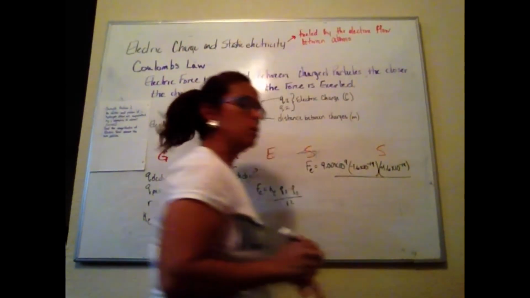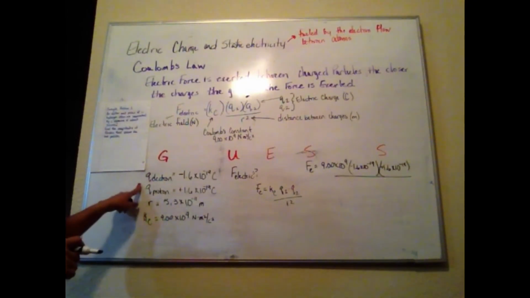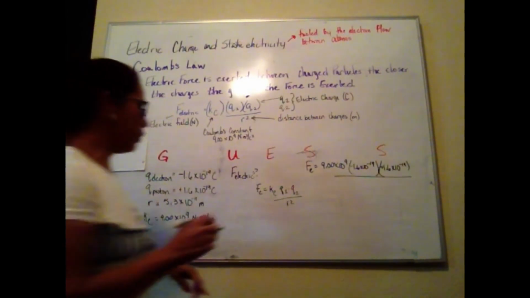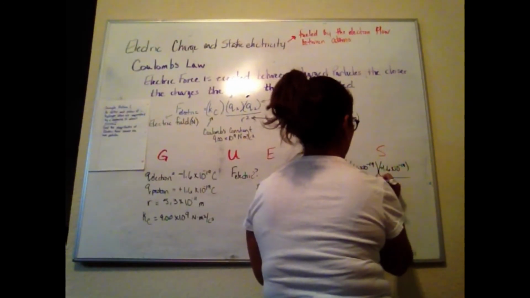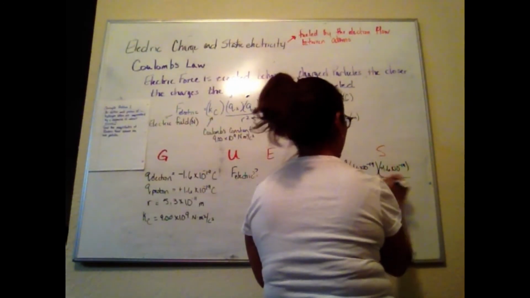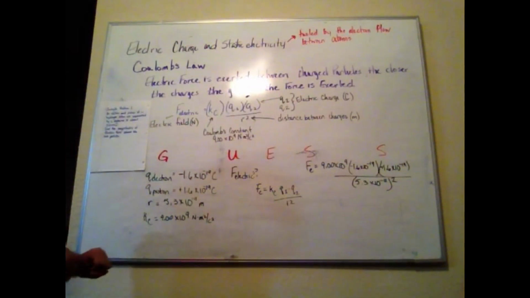And all of this is divided by the distance between the two particles, the proton and the electron, which is 5.3 times 10 to the negative 11, and note this number is squared. You cannot forget that you have to square the value.